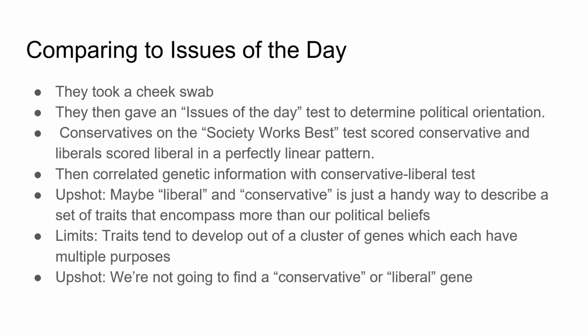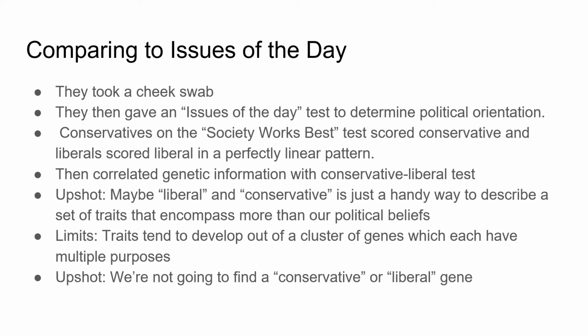Then, taking these two pieces of information, the cheek swab and the Society Works Best test, they were able to find out if there were any genetic components to the liberal-conservative spectrum.